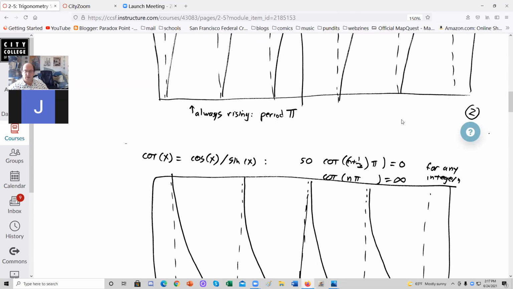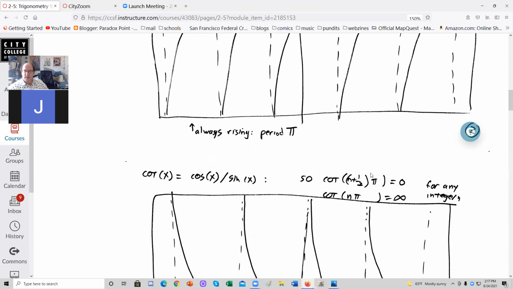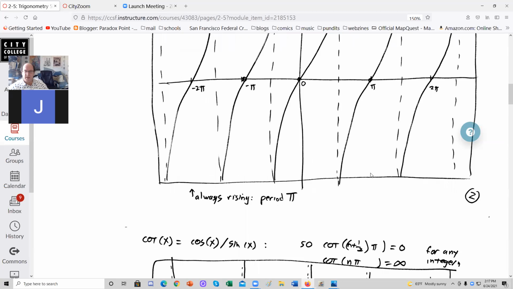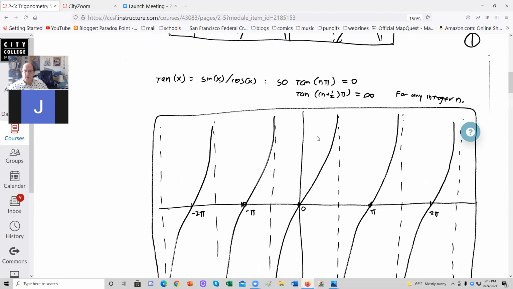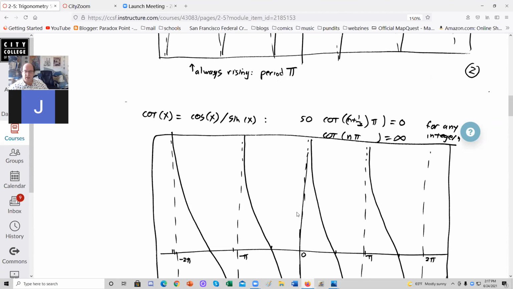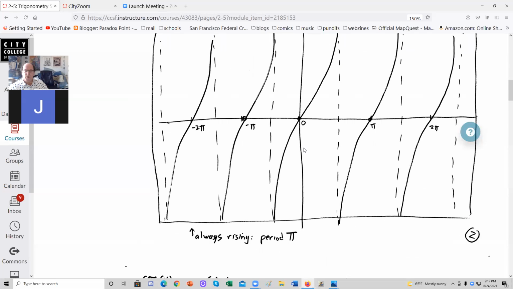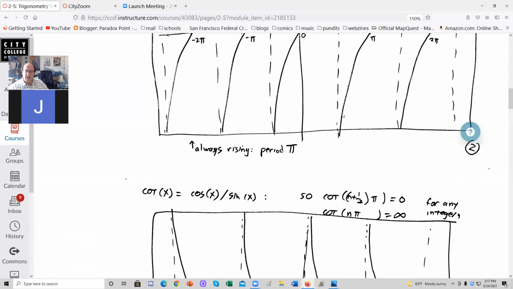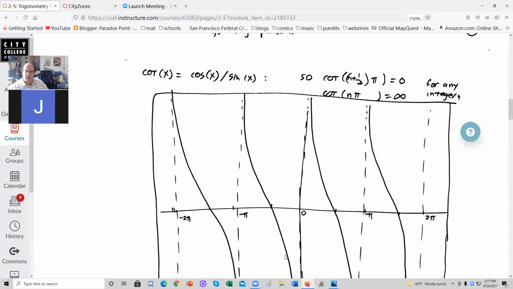Cotangent is cosine over sine. It's 0 when cosine is 0, at n and a half times pi. It's infinity when sine is 0, at n pi. And if you take the reciprocal of this, you get this. The tangent graph is constantly rising; the cotangent graph is constantly falling.